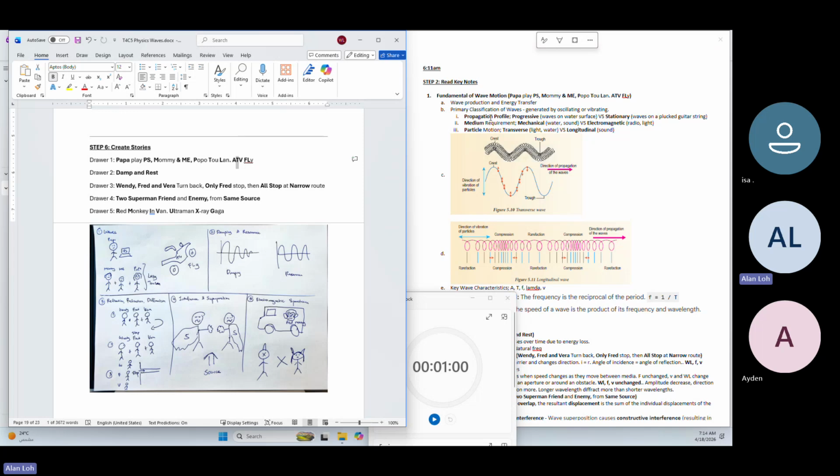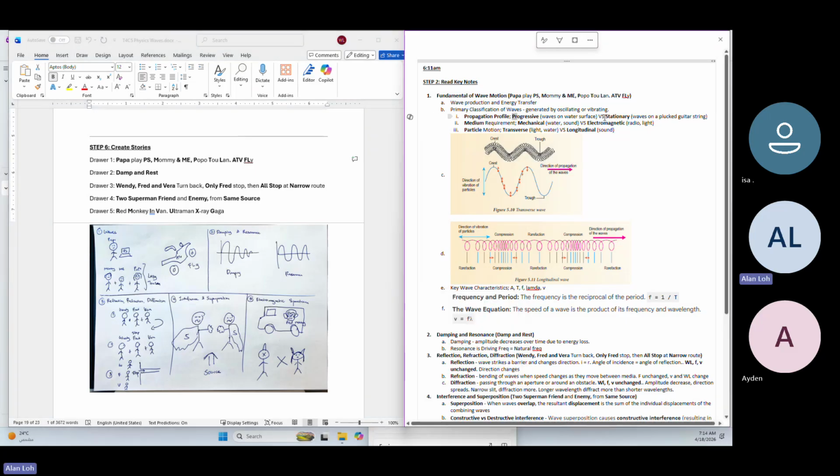Propagation is Papa. PlayStation. So Papa is playing PlayStation. Progressive and stationary. P, stationary, S. So PlayStation reminds us of there's a propagation model, and then there is a progressive wave, and there is a stationary wave. Right.